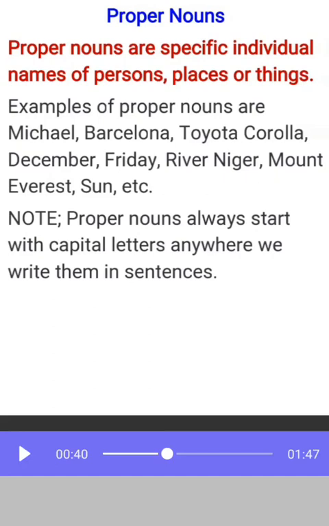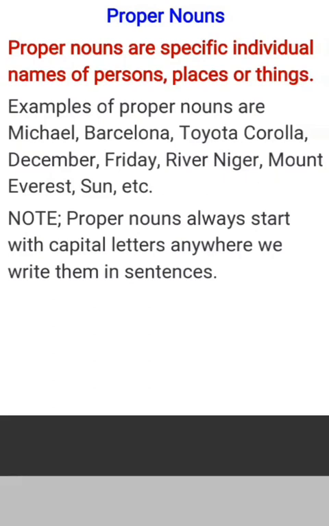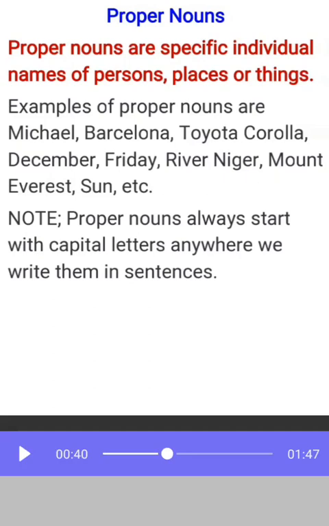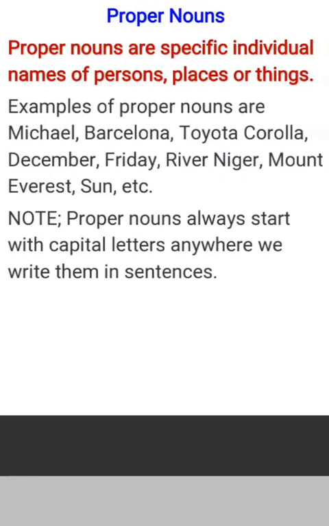Examples of proper nouns are Michael as a name of a specific person. Michael is a name of a specific person compared to boy. When you say boy, it's a generalized name. It does not refer to a particular person. But when you say Michael, then Michael is a specific person.